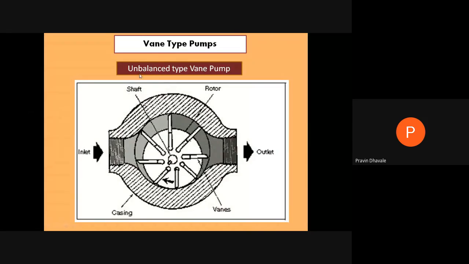This figure shows the unbalanced type vane pump. Why is it called an unbalanced type vane pump? Because if you consider the construction of the vane pump, it has a casing, right? And it has a circular cam ring. There will be one shaft. On this shaft, this will be the rotor, and this rotor has certain slots for mounting the vanes, and these vanes are supported by compression springs at the base.